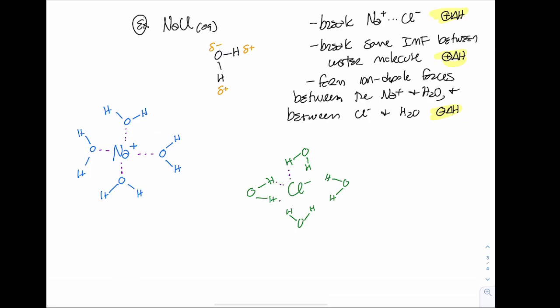And then you can do dotted lines for all of them or some of them, it doesn't matter. It's the attraction between the partial positive hydrogen and the negative chloride. Right here, it's between the positive sodium and the partial negative oxygen. So surrounding those ions, I would say that they're solvated.